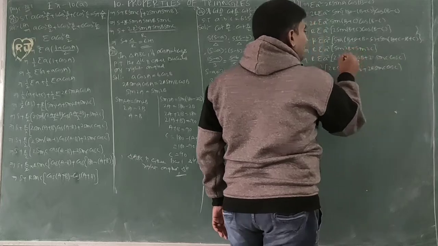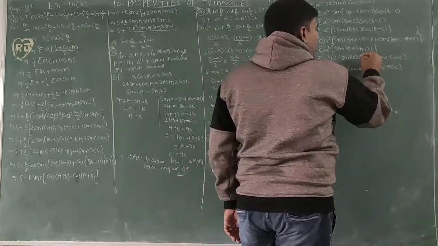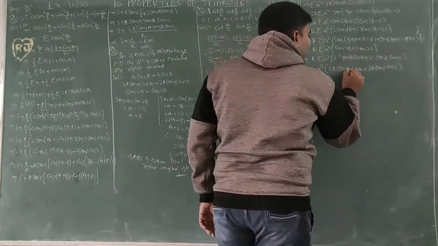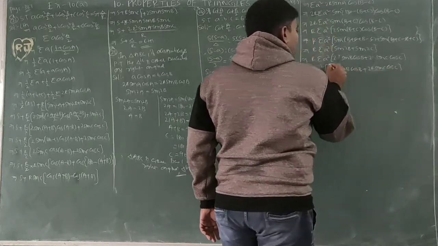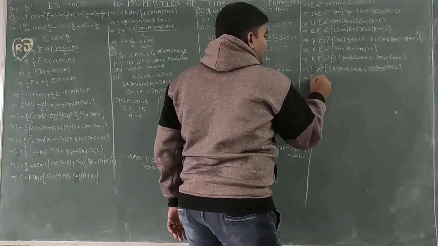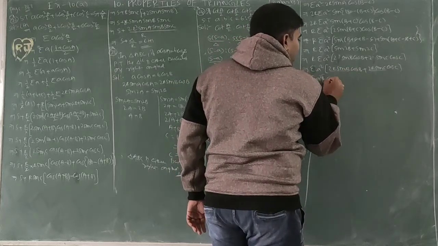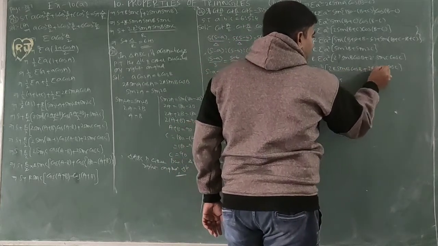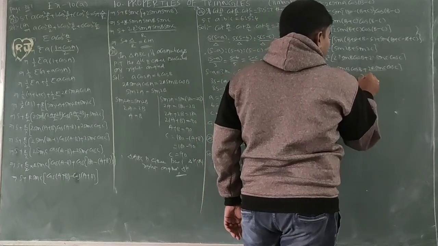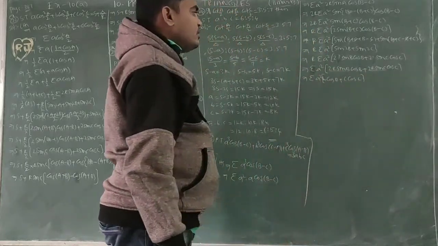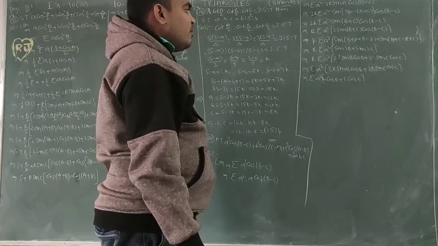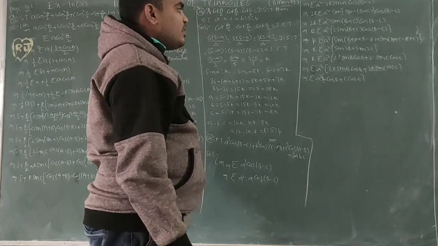Applying sin 2B formula, 2R sin B equals small b, so sigma a square (b cos B plus c cos C).